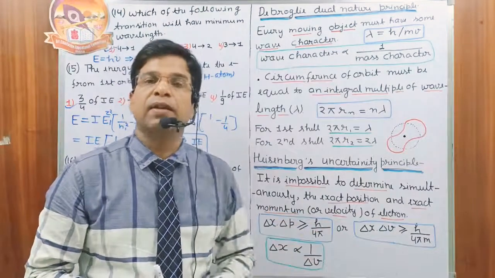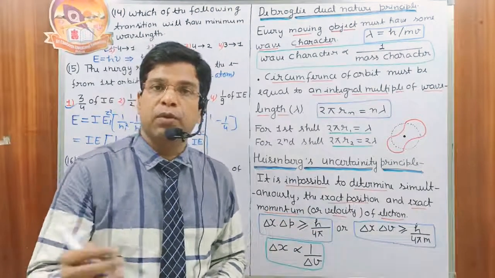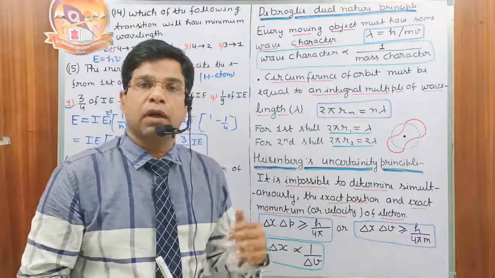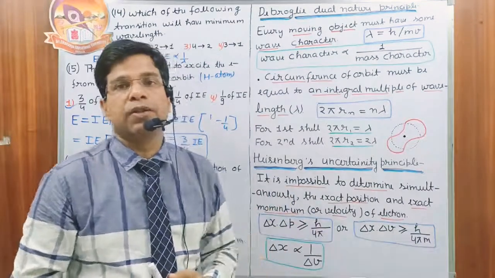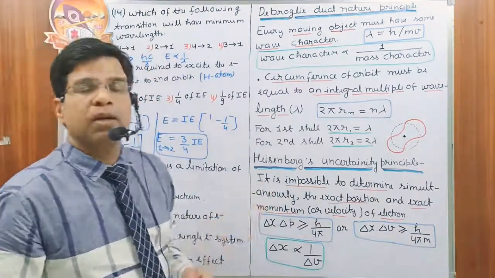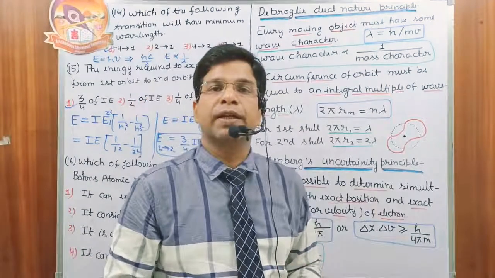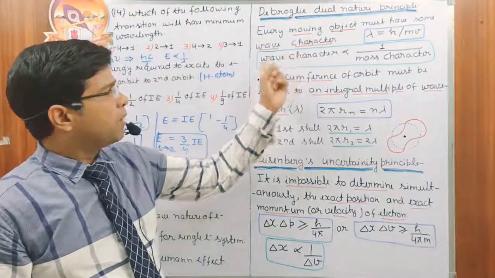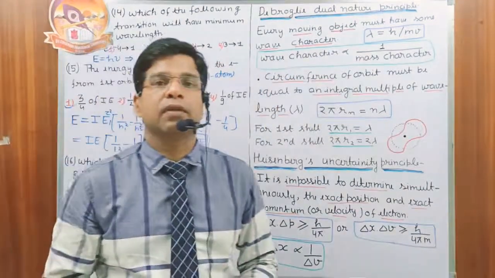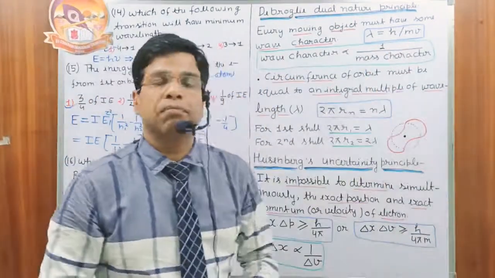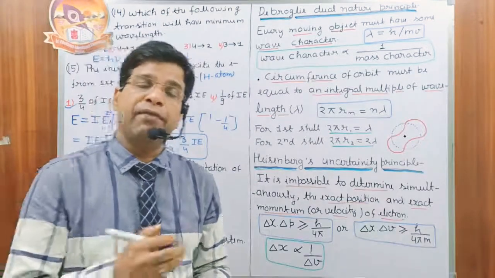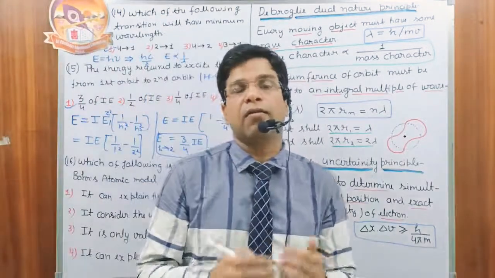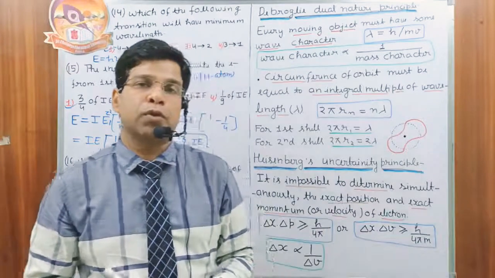Lambda is the wavelength associated with the motion of the particle, h is the Planck's constant, m is the mass of the object, and v is the velocity. According to this, lambda represents the wave character and m represents the mass or particle character, and wave character and particle character are always inversely proportional to each other.